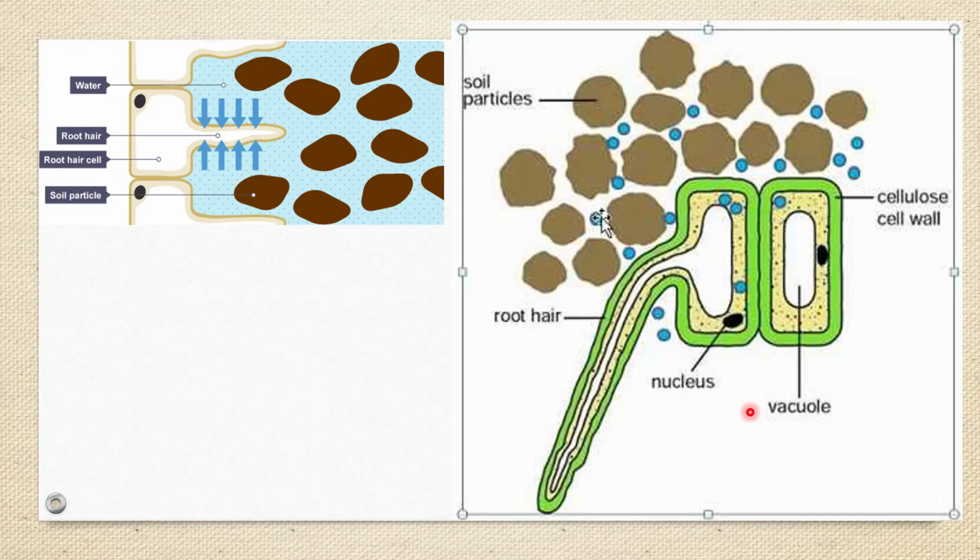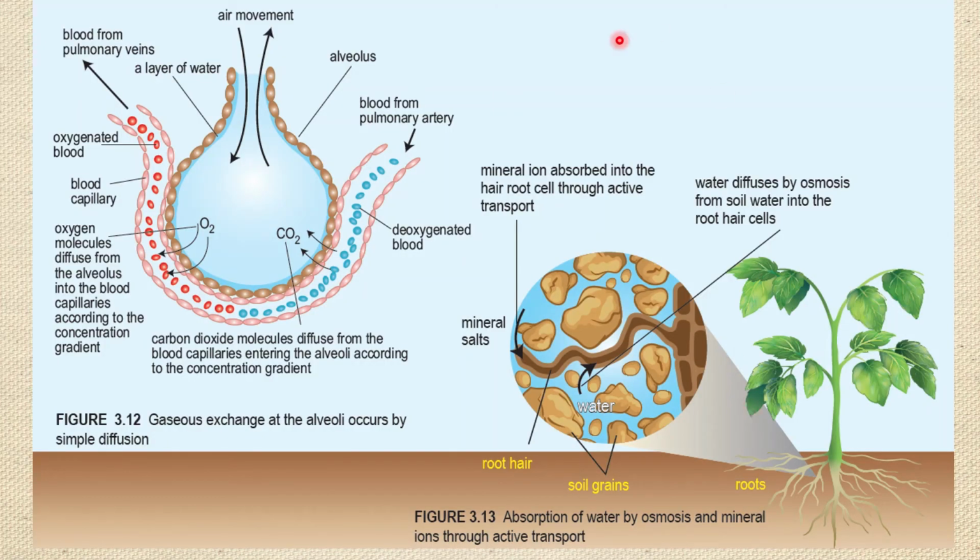So there's a picture given in your textbook. Just now we talked about the root hair cells also when we talked about water absorption. Water absorption is by osmosis and doesn't require energy, from the soil water to the root hair cells. But for mineral ions, it is from the surrounding soil water, from the surrounding soil particles into the root hair cells, by means of active transport.